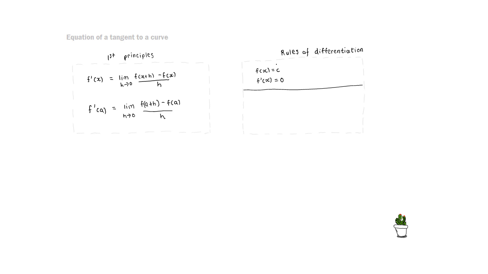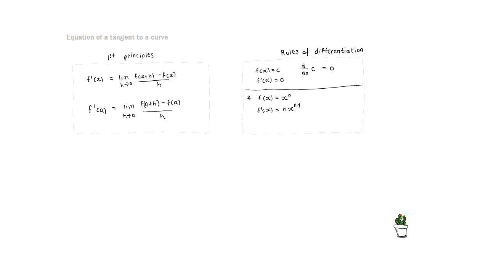You can also see this represented as d by dx of a constant c equals 0. Then we talked about the very important power rule, which says that if your function f of x is equal to x to some exponent n, then f prime of x is equal to n times x to the exponent n minus 1.